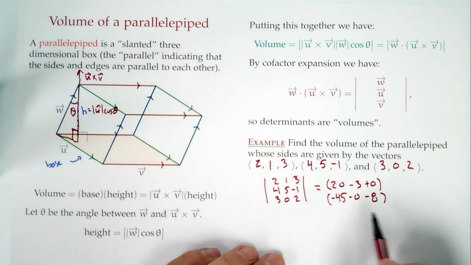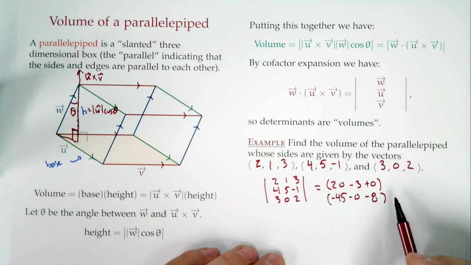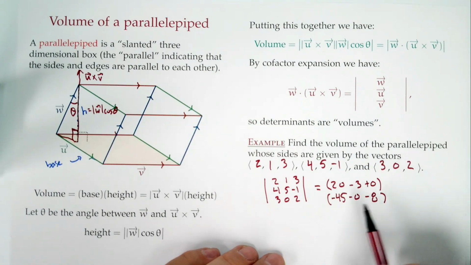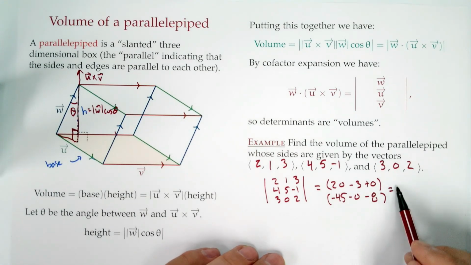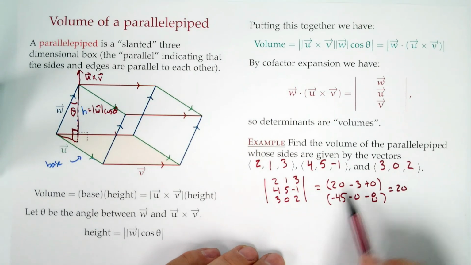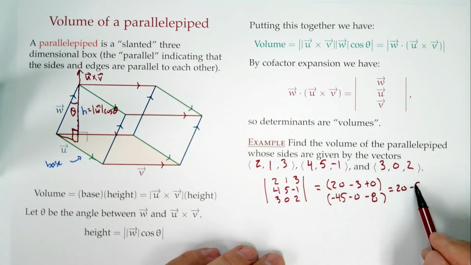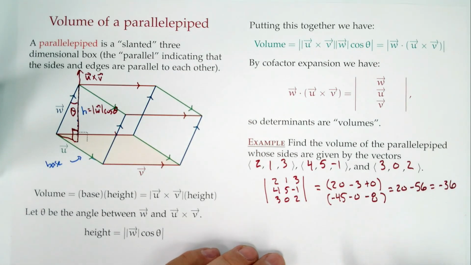All right. So let's see, we got 20 minus 3, then minus 45, minus 8. Well, it's really 20, that's really a positive term. And if you put these together, that's minus 56, meaning that we're going to get negative 36 as that determinant. Well, is that the answer?